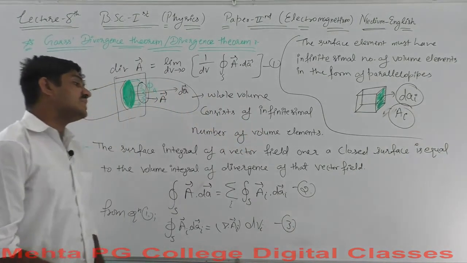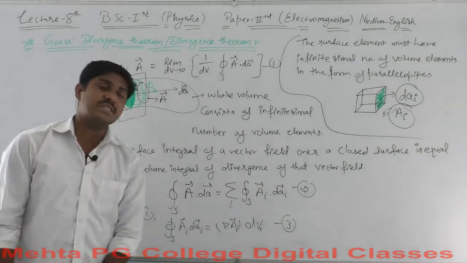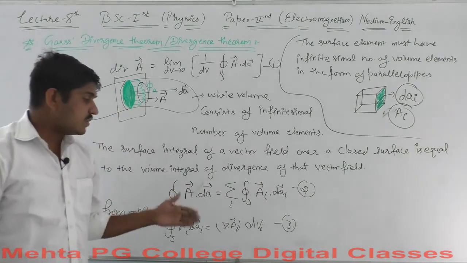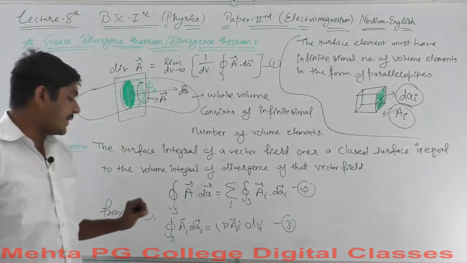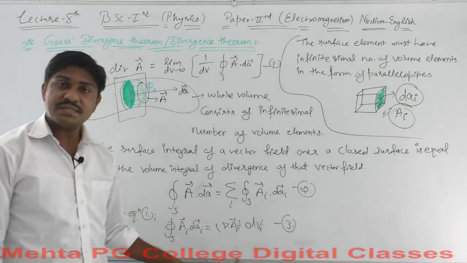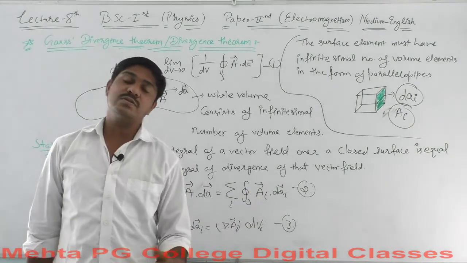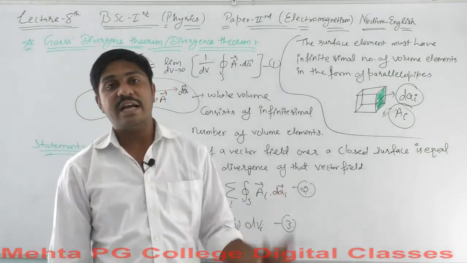Now we have two equations here, increasing our confusion, which are equation 2 and equation 3. So from equation 2 and 3, what will happen? We can simply replace this term by this one. If this is the summation, you need not mention all the infinitesimal elements.